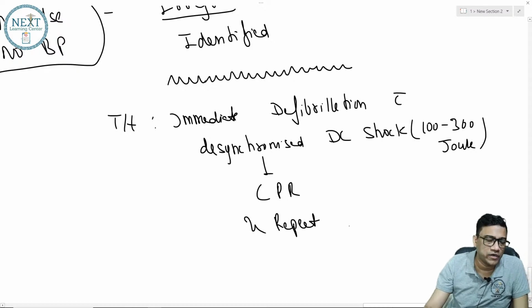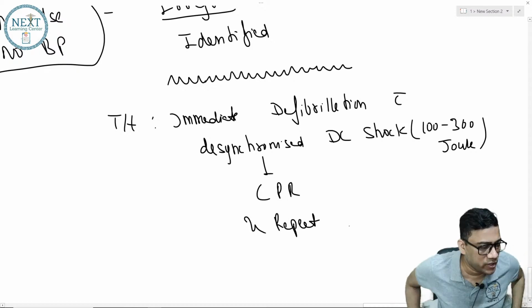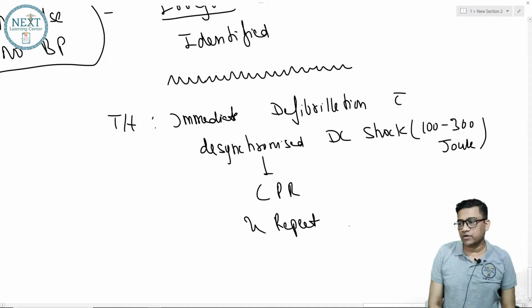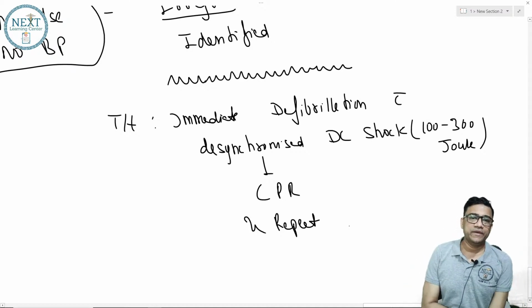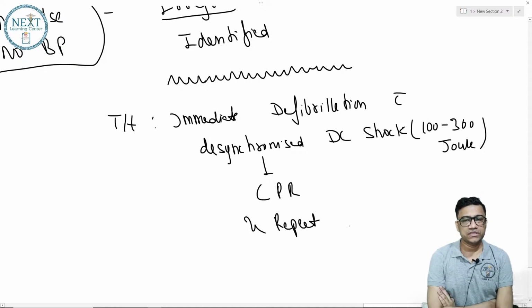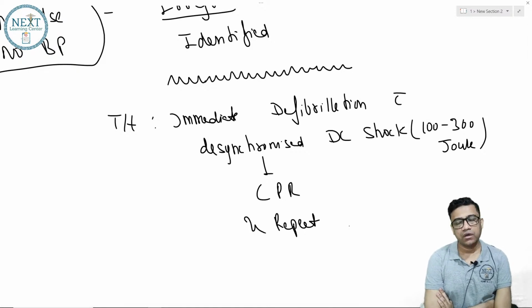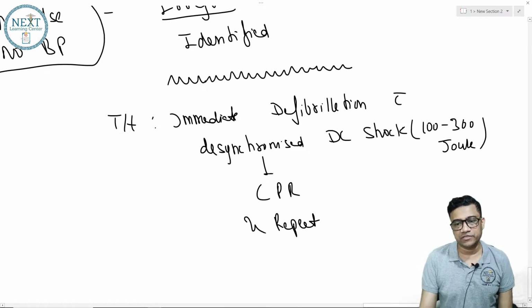Repeat the shock depending on this, okay. So are you clear? So this is our whole story. So immediate defib with desynchronized DC shock and CPR, and repeat.